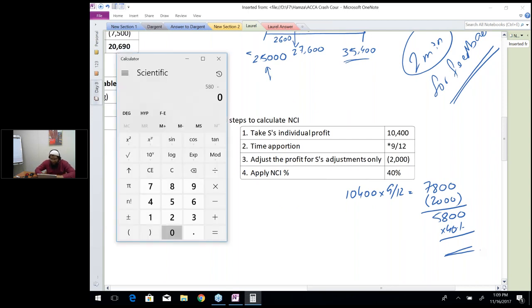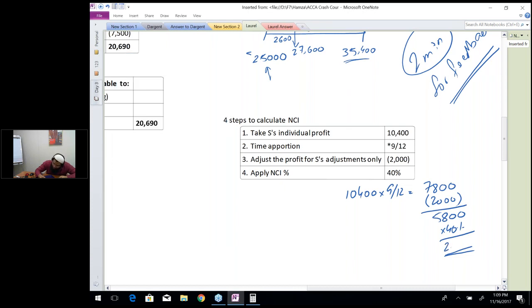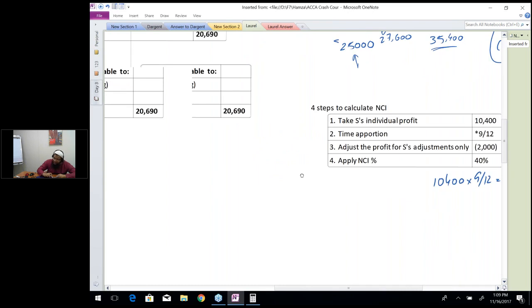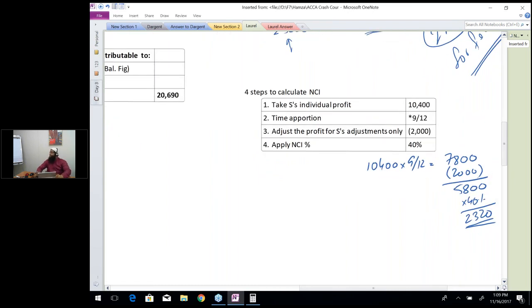So 5,800 into 40 divided by 100 is going to be 2320. So this is the value of the profit that has been attributable to NCI. 2000 breakup is 1500 negative, 300 negative, 200 negative.